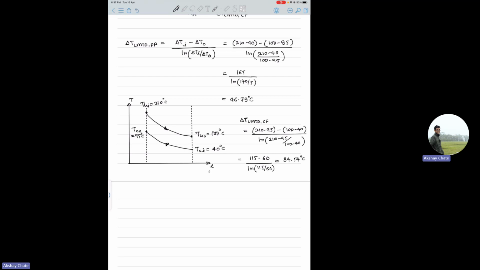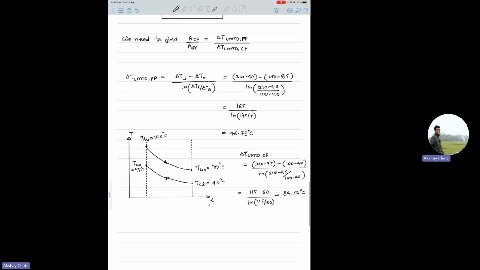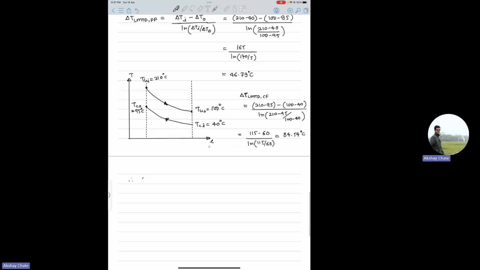So you can clearly see here, your area ratio of counter flow to parallel flow will be nothing but 46.79 divided by 84.54, and that is approximately 0.55 times.